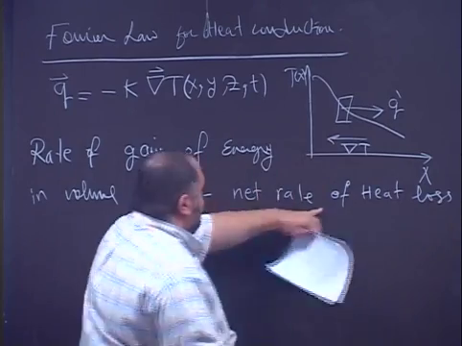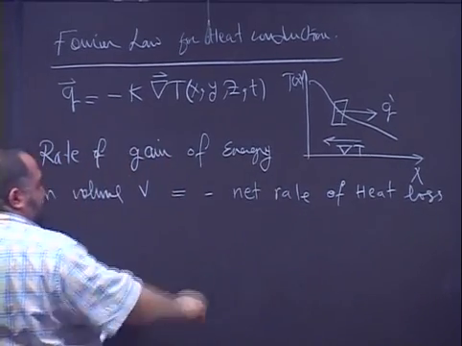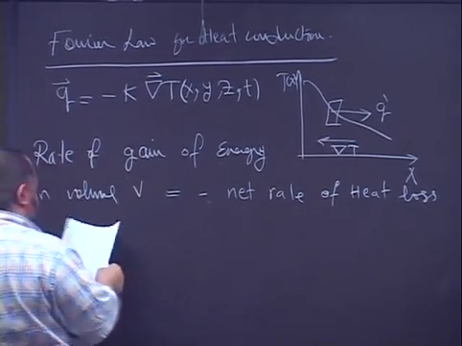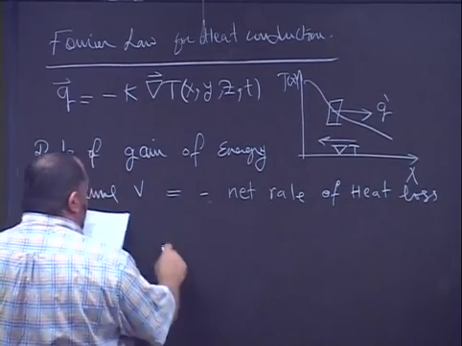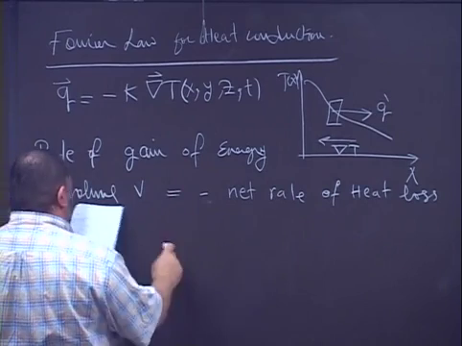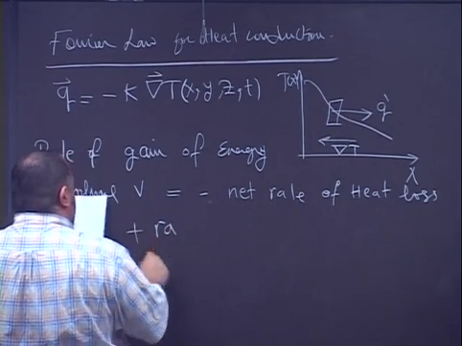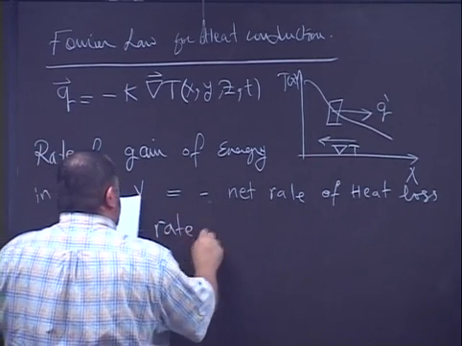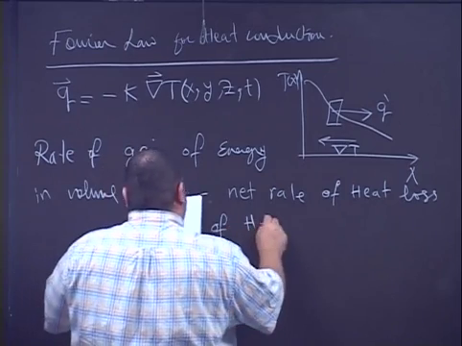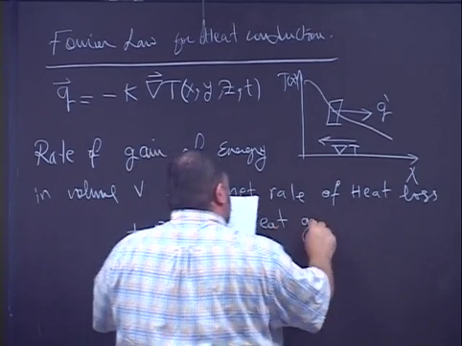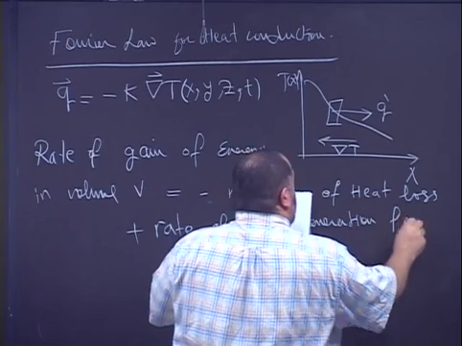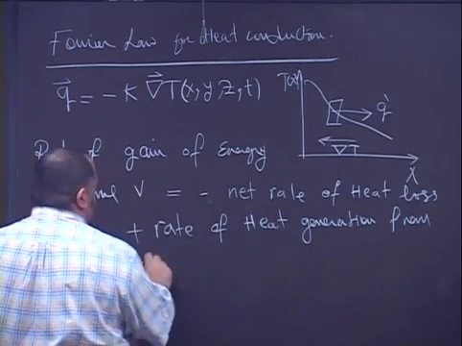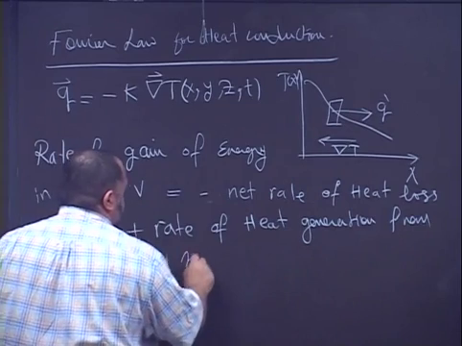So you have the losses term. The losses term is the heat losses, and you put negative here because this will decrease the energy inside the volume. And what increases the energy inside the volume is just plus the rate of heat generation from any sources in volume V.